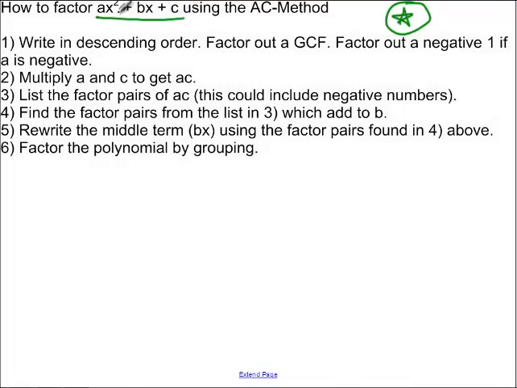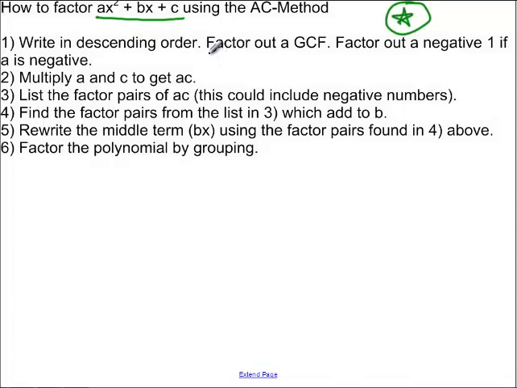And that is, again, taking a look at the exponents. 2 is higher than 1 is higher than 0. So write it in descending order, and that will give you a correct A and a correct C, because if you don't write it in descending order, you will not have a correct A and a correct C, and your factorization will be all foiled up. All right, no pun intended.